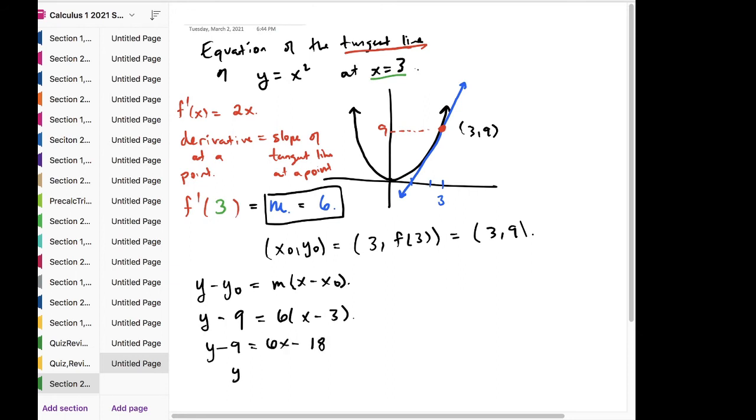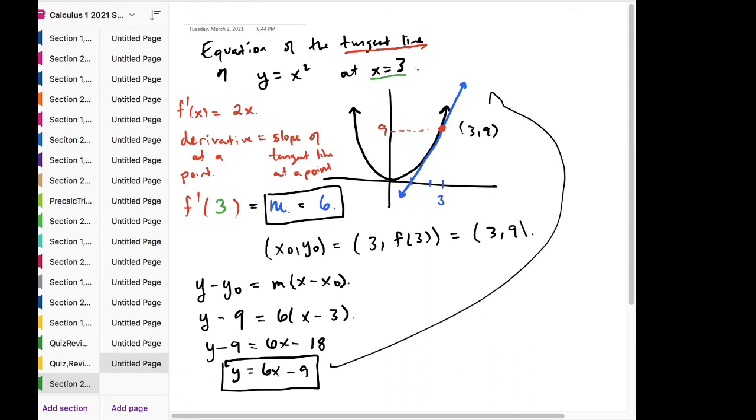So y is equal to 6x minus 9. So that's this line. And it's believable, right? It's pointing upward, so a positive 6 makes sense. And it looks like it's going to cross the y-axis in the negative half plane, so minus 9 is reasonable, at least. Okay. Any questions about that?